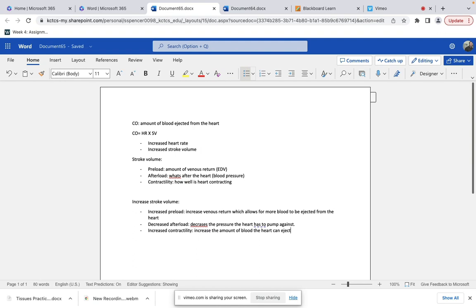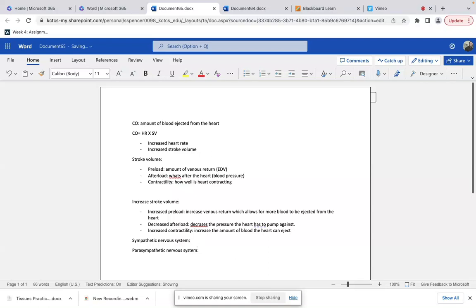Knowing your valve anatomy, knowing that the mitral valve is between the left atrium and the left ventricle, and the tricuspid valve is between the right atrium and right ventricle, that'll be important for us. Knowing now your sympathetic nervous system and parasympathetic nervous system. This makes up something called the autonomic nervous system.